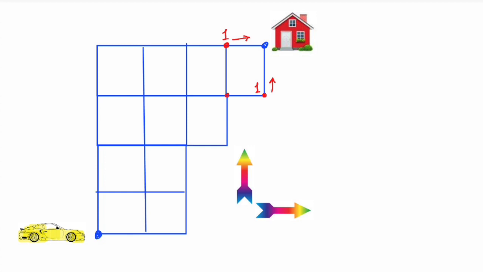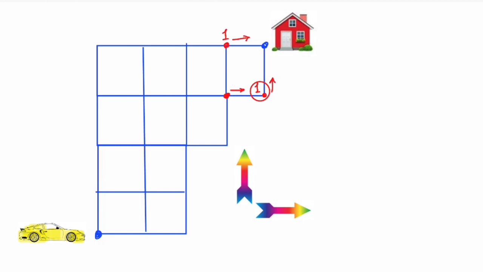Now look at this point. Obviously, we have two choices. First, we can go to the right and reach this point. And we know that from this point, there exists only one way to the red house.